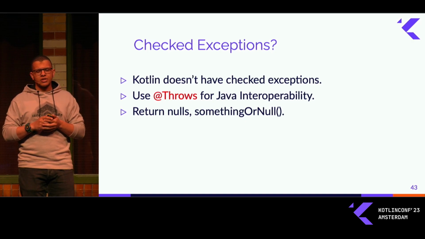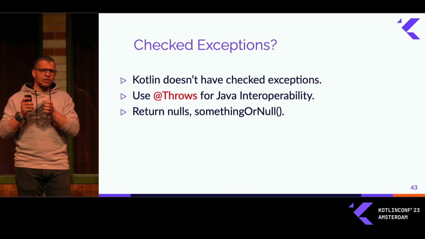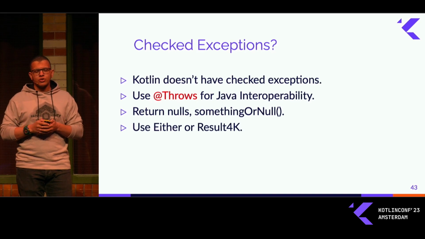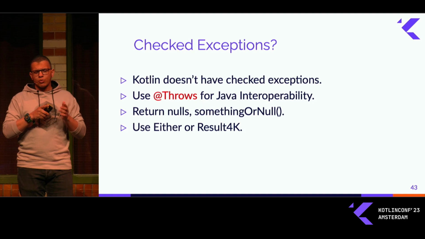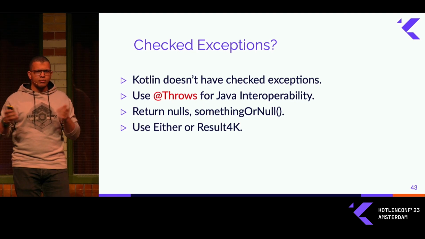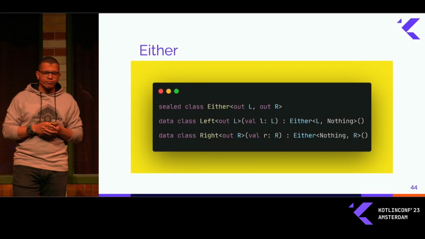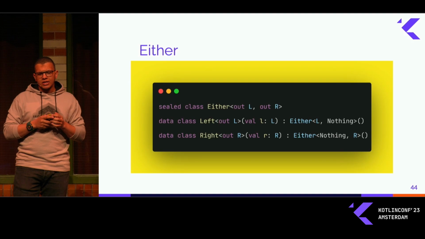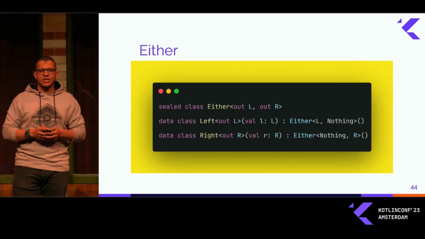And for the folks who still love checked exceptions because they are ensured at compile time and included in the signature, you can use the Either package or the Result4k package. This is described well in the book Refactoring to Kotlin by Nat Pryce and Duncan McGregor. Basically, you need to define this class. This is a sealed class, Left and Right. By standard, the Left will be for the exception type, and the Right will be for the success type.